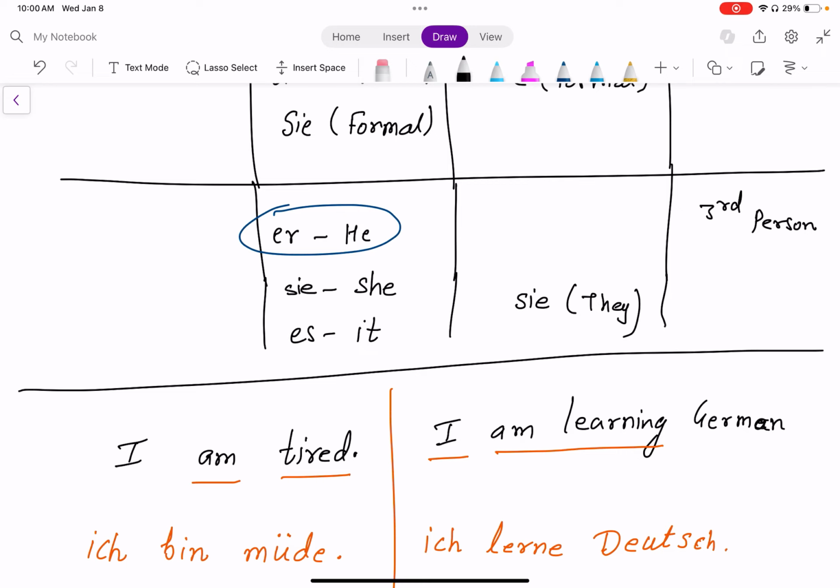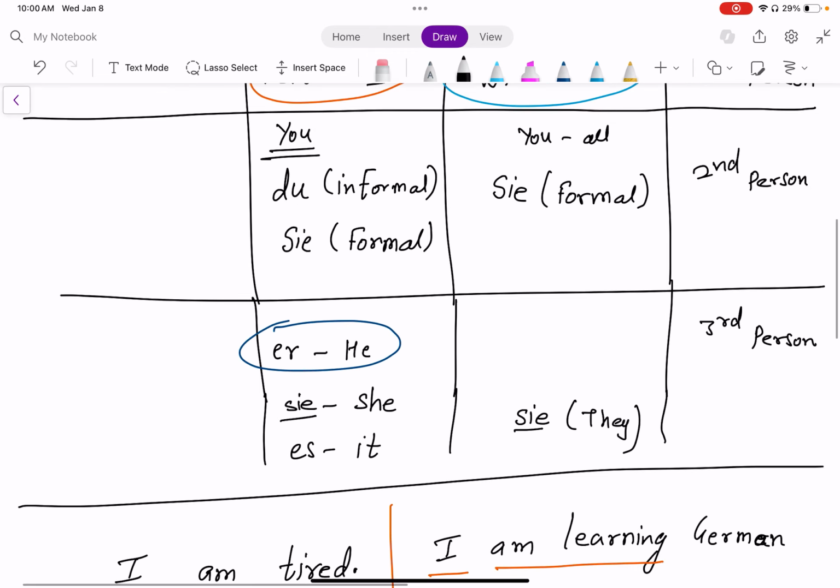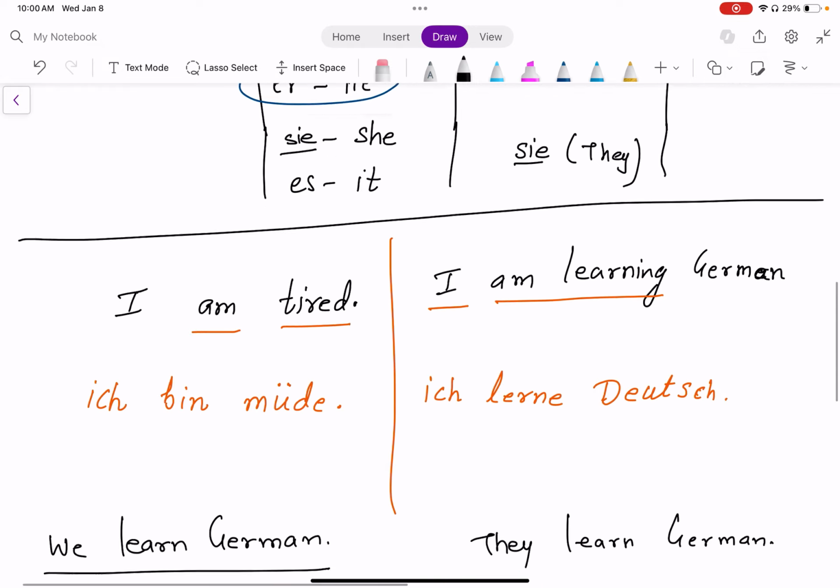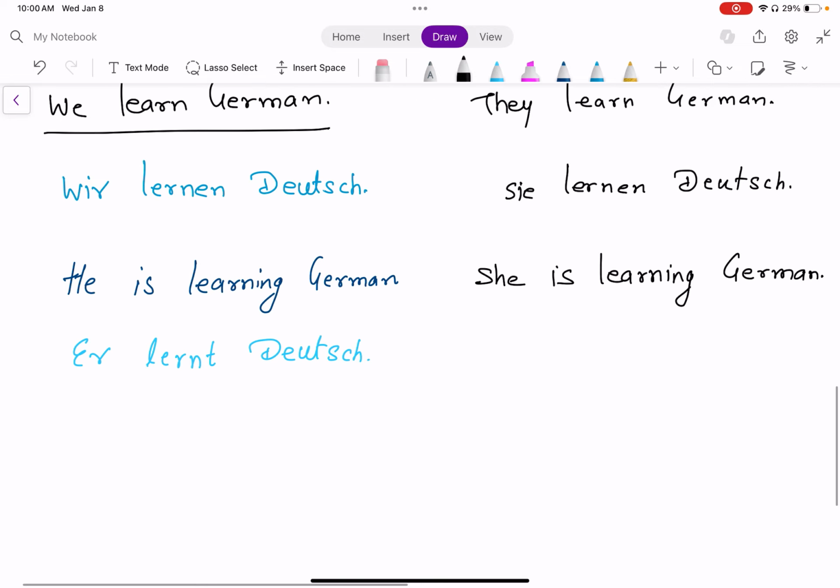This is also a small s. These two are similar, and when you say formal, these are capital S. For example, she is learning German: Sie lernt Deutsch.